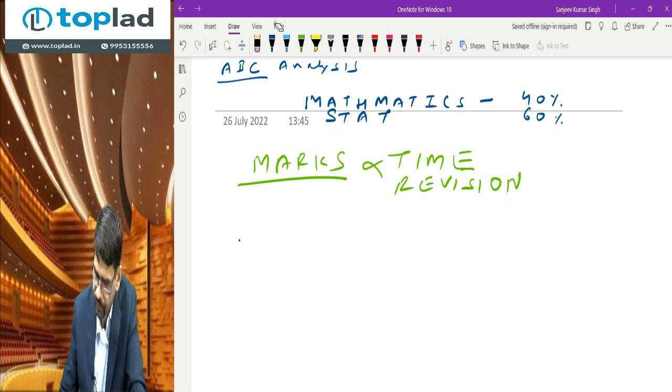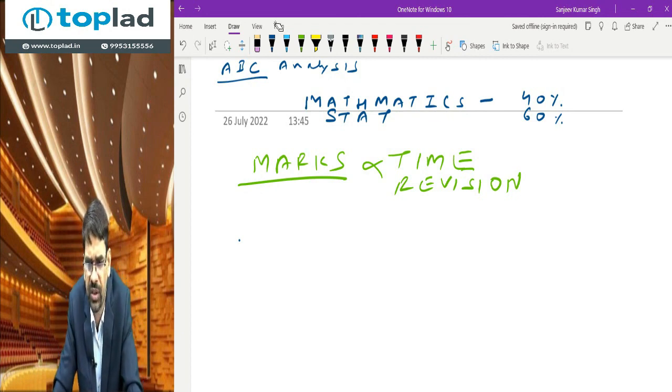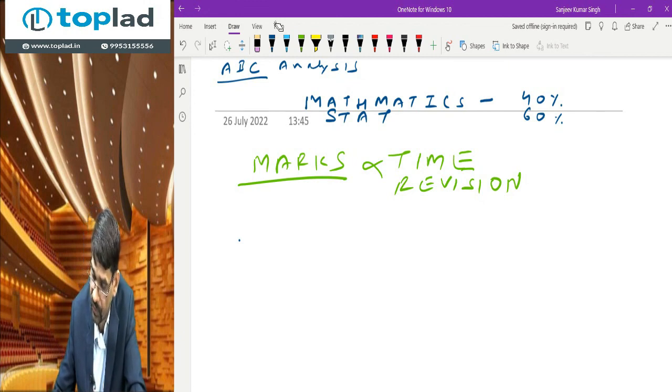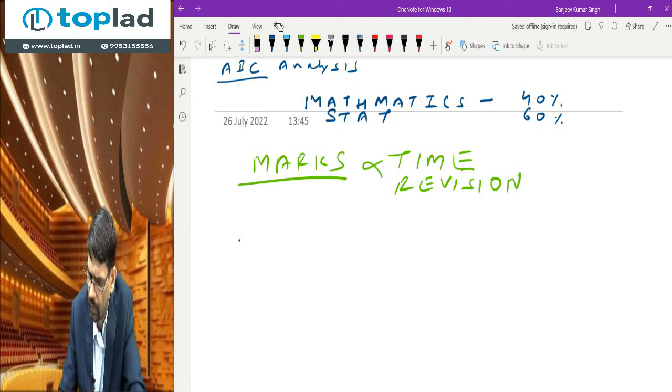So friends, today we have discussed the allocation of marks for each chapter, and the questions our institute repeatedly asked.